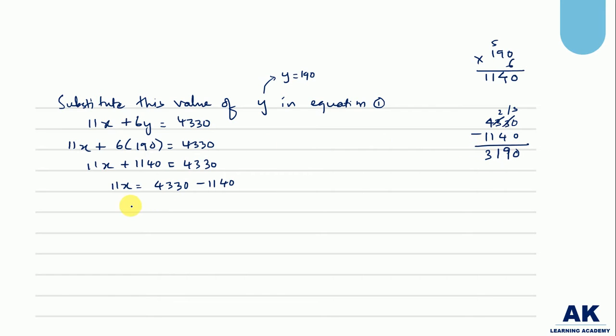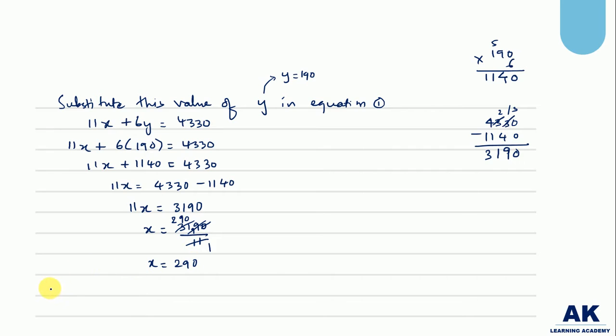So 11x is equal to 3190, which gives x equal to 3190 upon 11. 11 ones are 11, 11 twos are 22, so 31 minus 22 is again 9. 11 nines are 99, and here it is 0. So 290 is the answer. Therefore x is equal to 290.